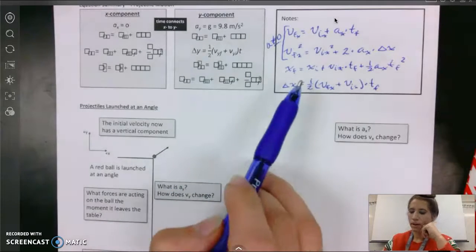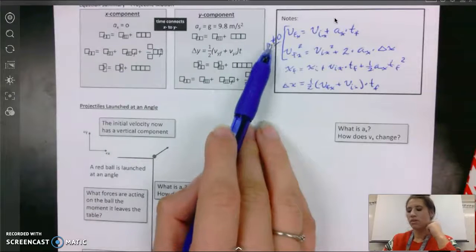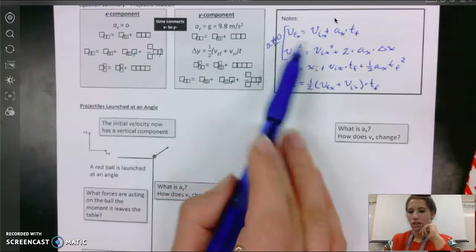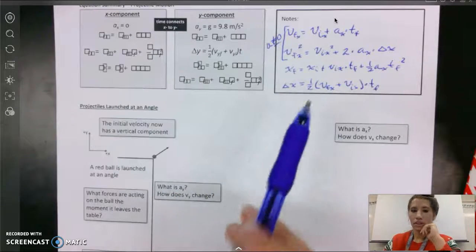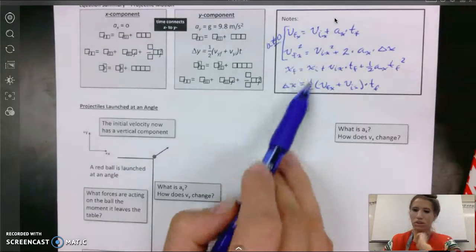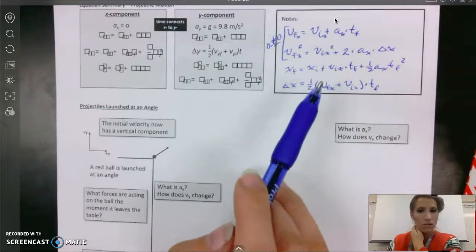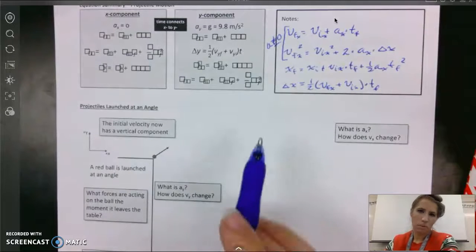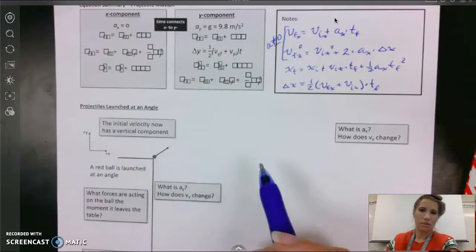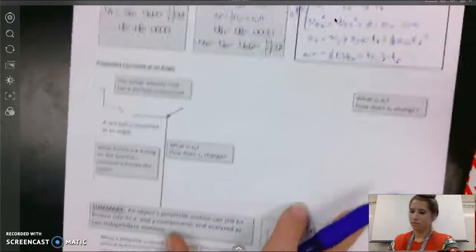If acceleration is not equal to 0, we can use all of them. If acceleration is equal to 0, then we can only use the bottom 2. And the other side of this: every time I've written an x, it could be replaced with a y. We'd have the same equation for the y direction.